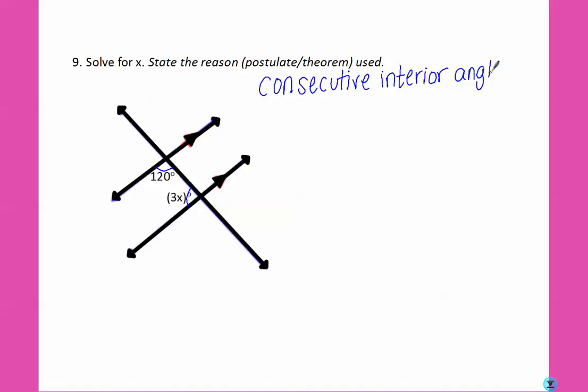And if the lines are parallel, what do we know about our consecutive interior angles? We know that they add up to 180 degrees. So 3x plus 120 must equal 180. So now we solve.